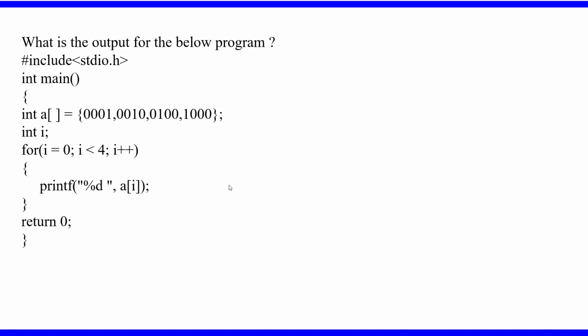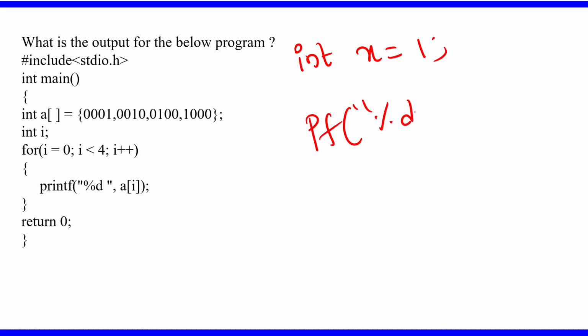Okay, let's see what the answer is for this. One important point here. See the simple example. If I write int x equal to 1 and simply write printf percent d comma x, the answer is very simple and clear, 1.